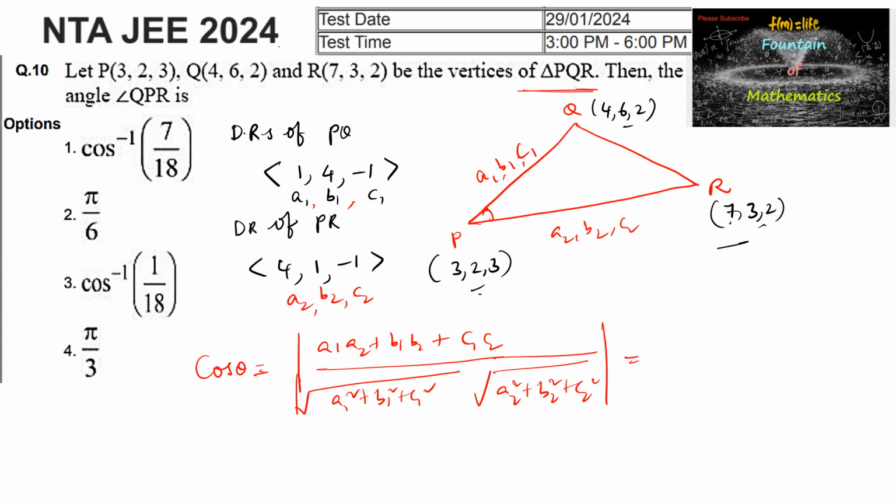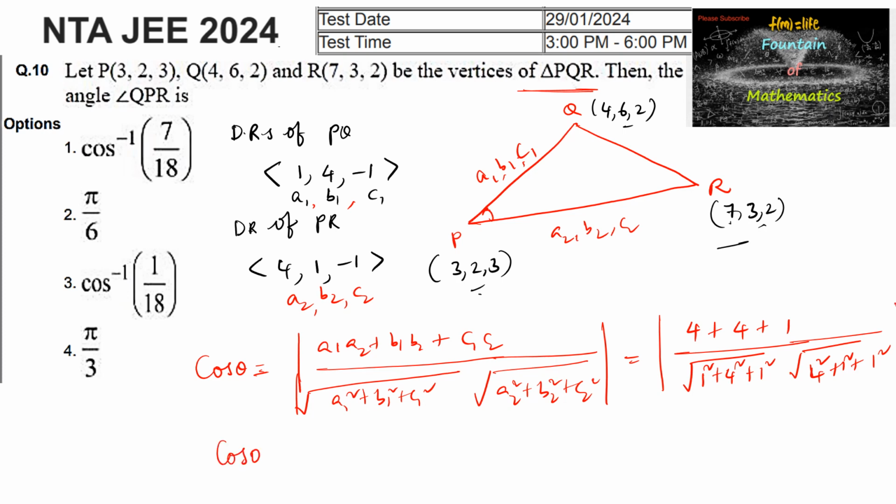We can write A1 A2, that is 4 into 1, plus 1 into 4, plus minus 1 into minus 1 is plus 1, divided by 1 square plus 4 square plus minus 1 whole square, and again 1 square plus 4 square plus minus 1 whole square.